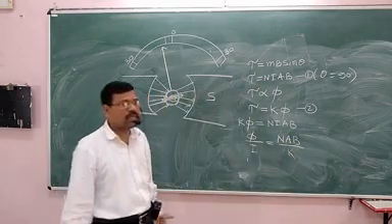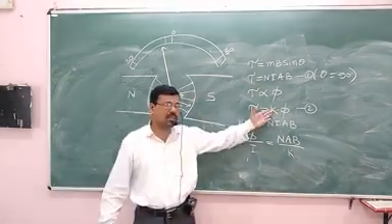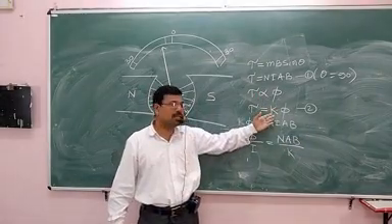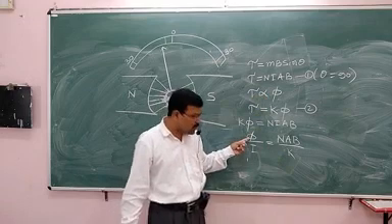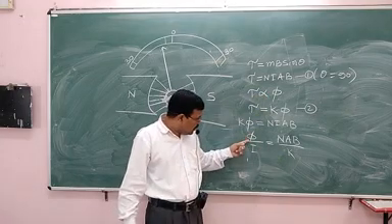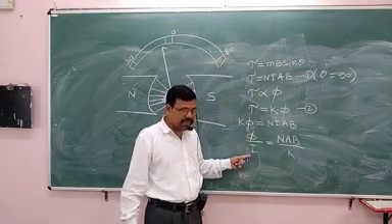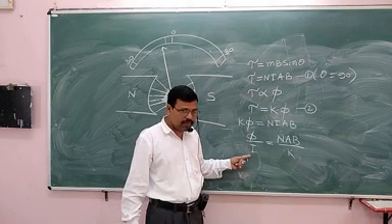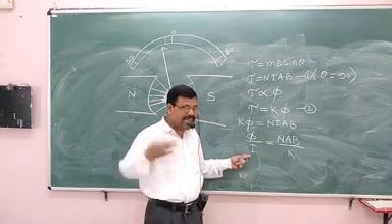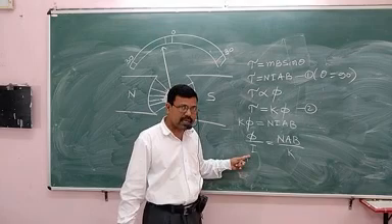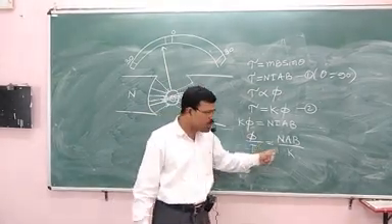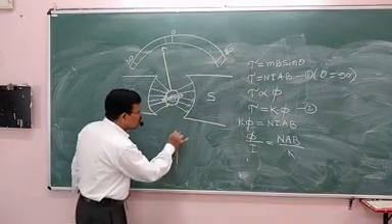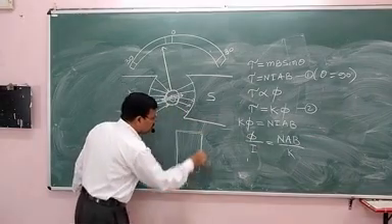K is known here as the spring constant. This deflection per unit current through the coil is known as the current sensitivity of the moving coil galvanometer.